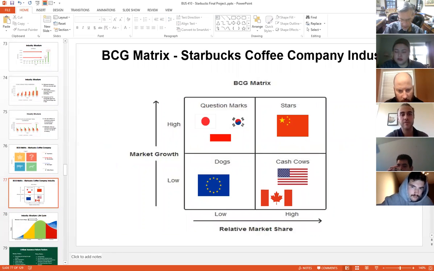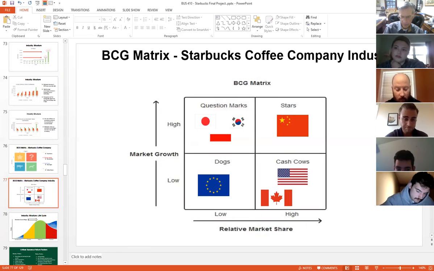Here we have the BCG matrix for the countries, as Dr. Oni was saying, and that's to study and help with the long-term strategic planning for Starbucks. So China is classified as a star because it is a fast-growing market for Starbucks, and China can generate large amounts of cash, but also requires large investments.